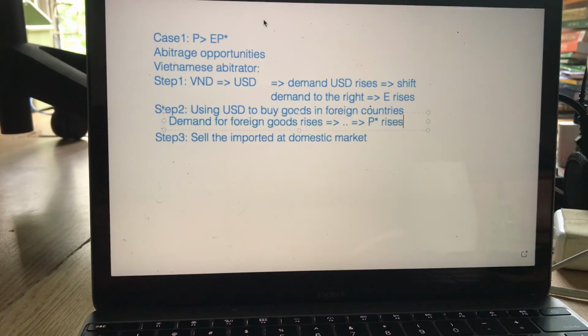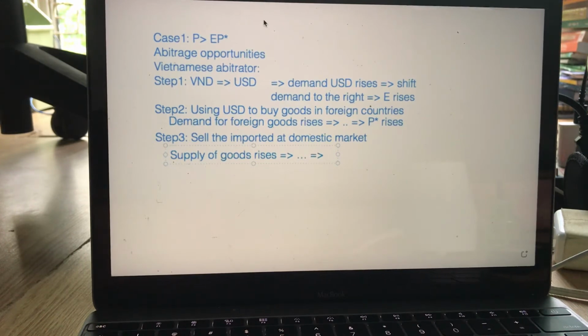Okay. Step three. When we sell the imported goods at the domestic market, the supply of goods in the domestic market will increase and shift the curve to the right, and then P decreases.